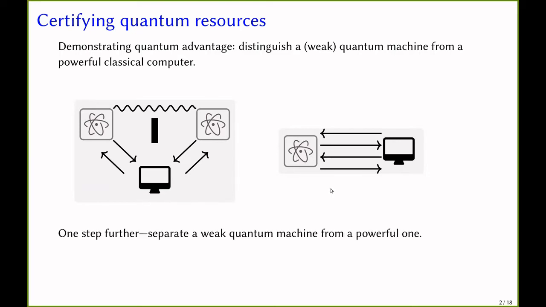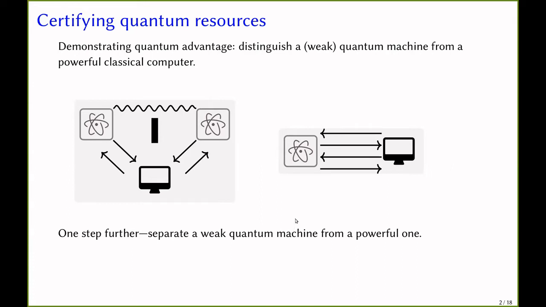In this talk, we want to make a step further. Can we give protocols that separate a weak quantum machine from a powerful quantum computer? The powerfulness of a quantum computer is measured through the resources it has.